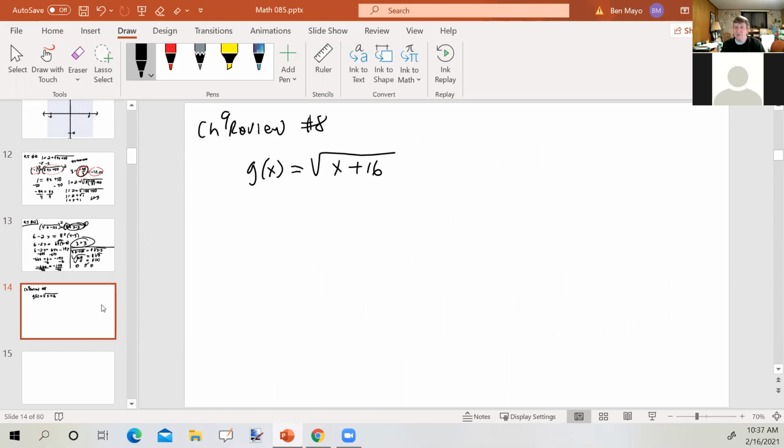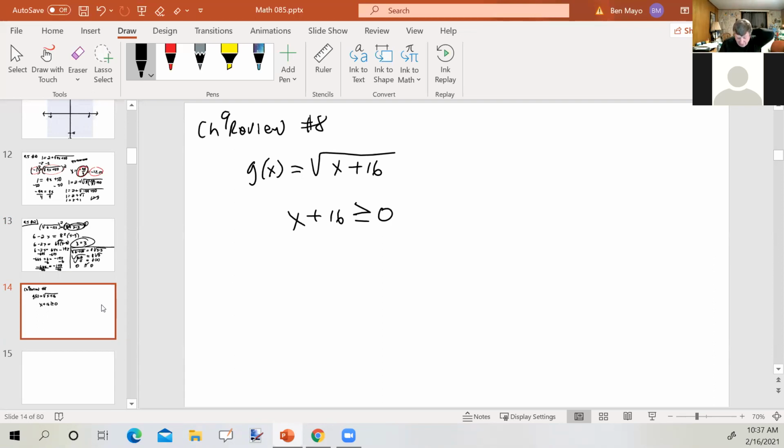Now, since the index is a 2, that is to say we're taking a square root, that means that the radicand, the stuff inside the radical, has to be non-negative. That means that x plus 16 has to be greater than or equal to 0.